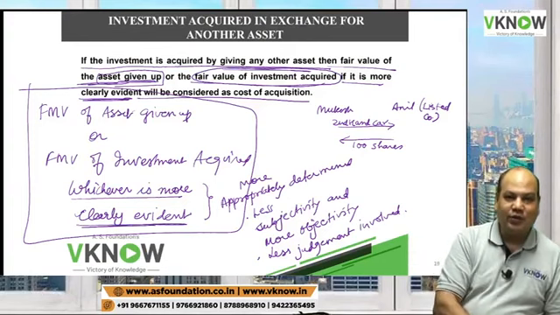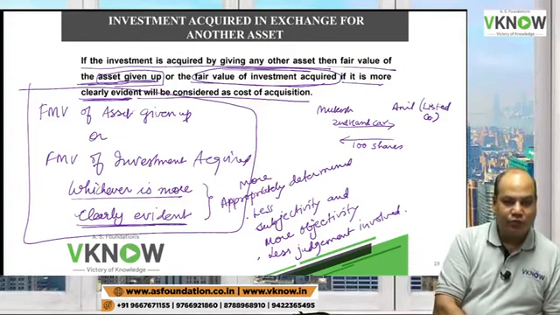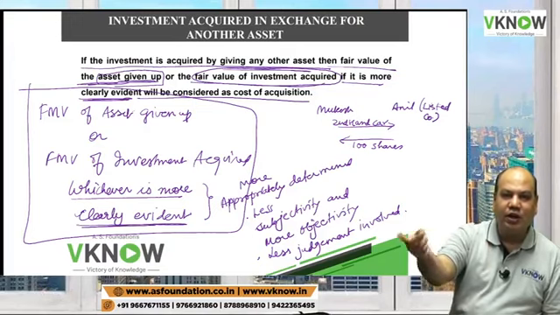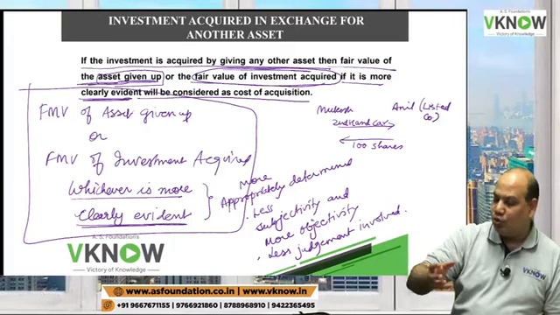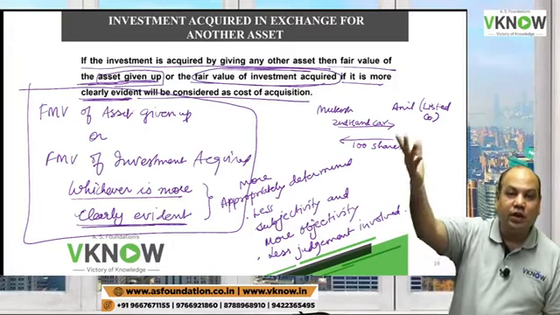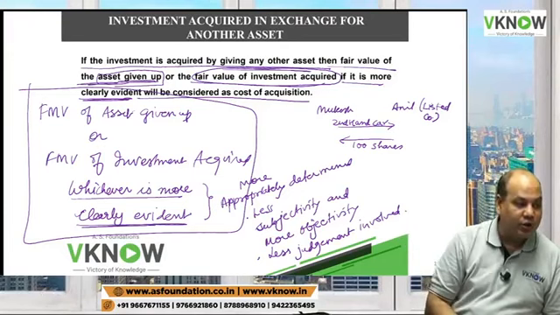Now you will answer. I will wait for your answer. Whose fair value is more clearly evident? The fair value of the car given, which is a second hand car, or the fair value of the shares acquired, which is the share of a listed company traded on the stock exchange?